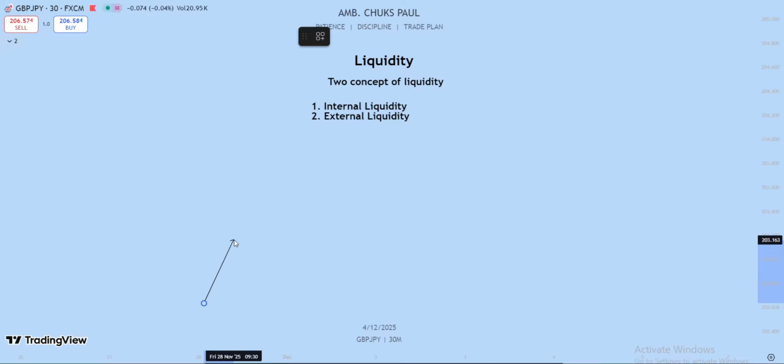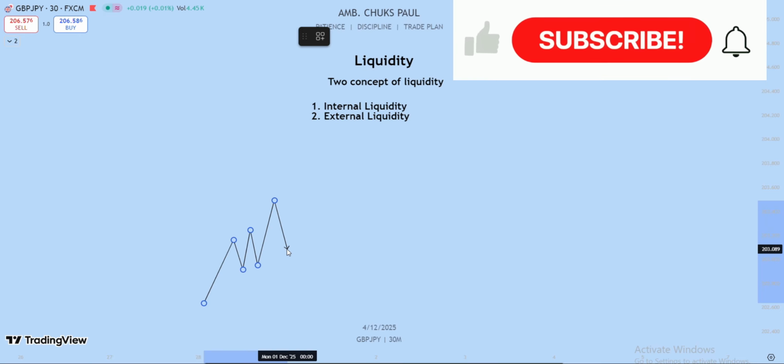So let's say price is in an uptrend. When price is in an uptrend, we have markets forming, let's say, trendline liquidity.